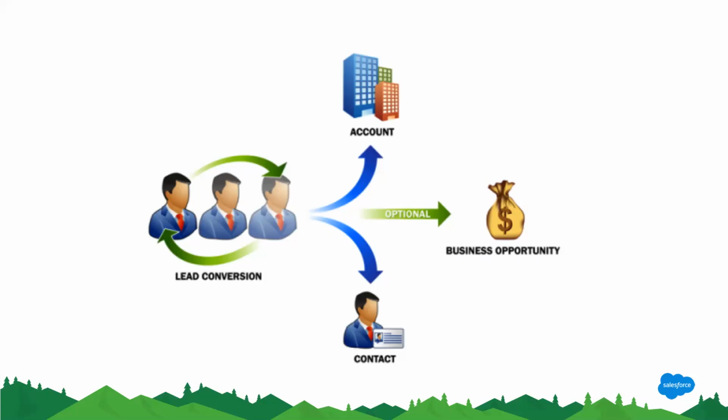And if you are attached to any business, and the lead record has this business information, that will go to the account record. So if they are creating an account record, they will fill that information in the account record.